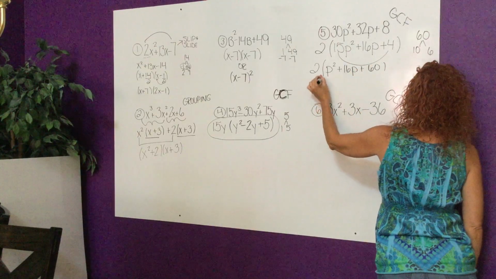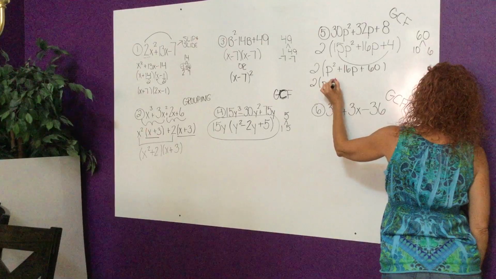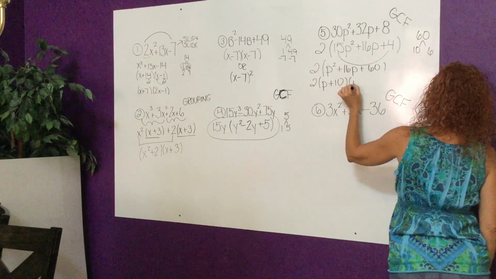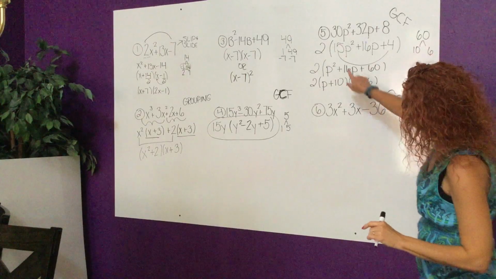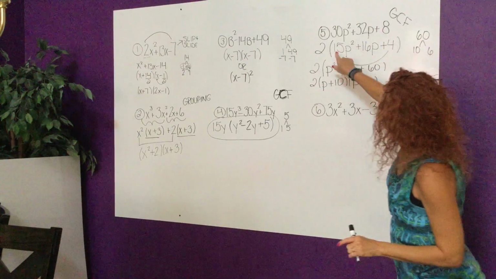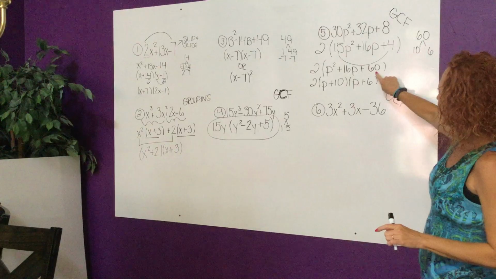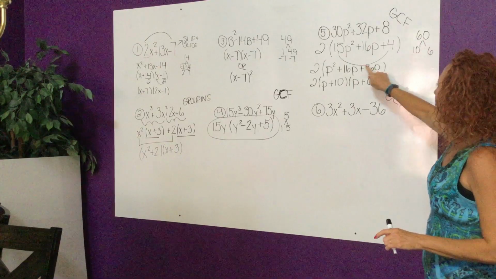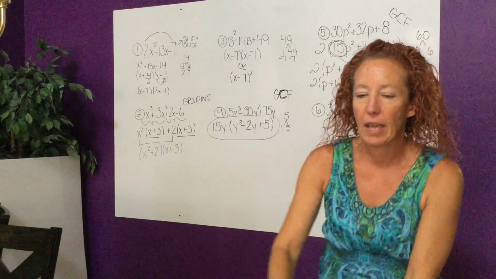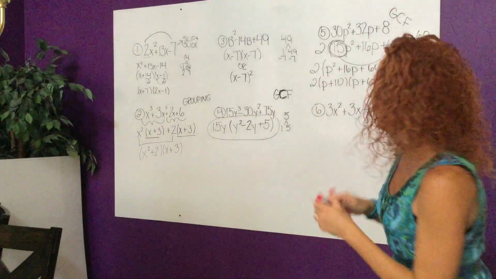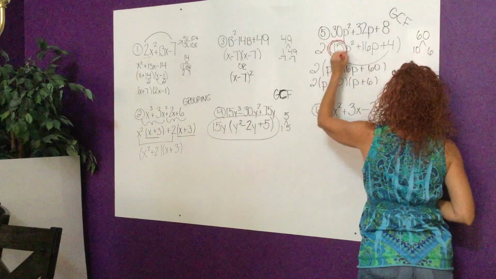And then I am going to factor that because it's going to be p plus 10 and p plus 6. And if I multiplied by that 15 and slipped it to the back to come up with the 60, I need to make sure that I divide by that 15. These can be tricky. Again, if you want to try a different method, that's fine.